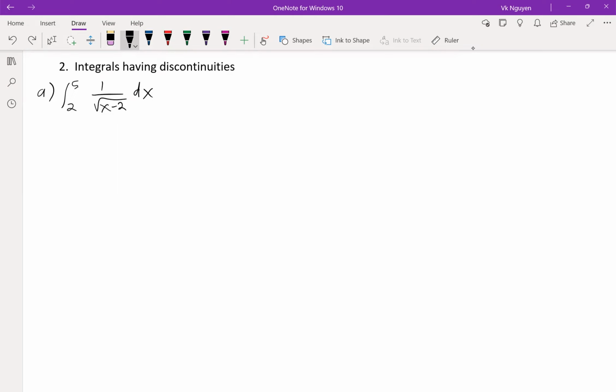So the way to integrate this improper integral is we're going to let 2 be t, integrate from t to 5 of 1 over root x minus 2 dx, and we take the limit as t goes to 2 on the right side to ensure that the function is defined from t to the number 5.